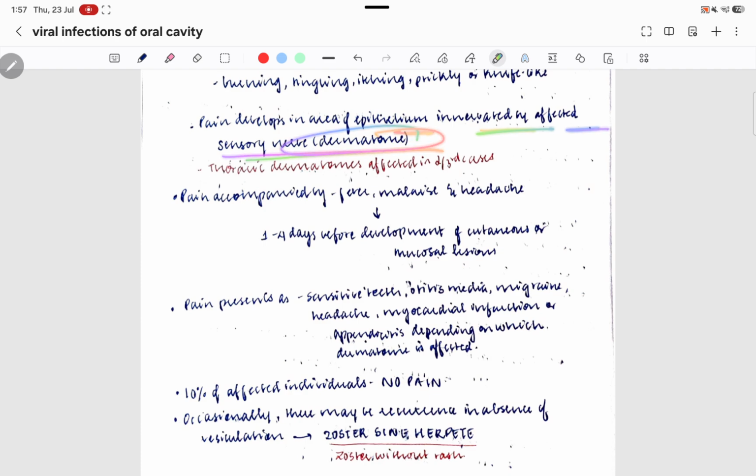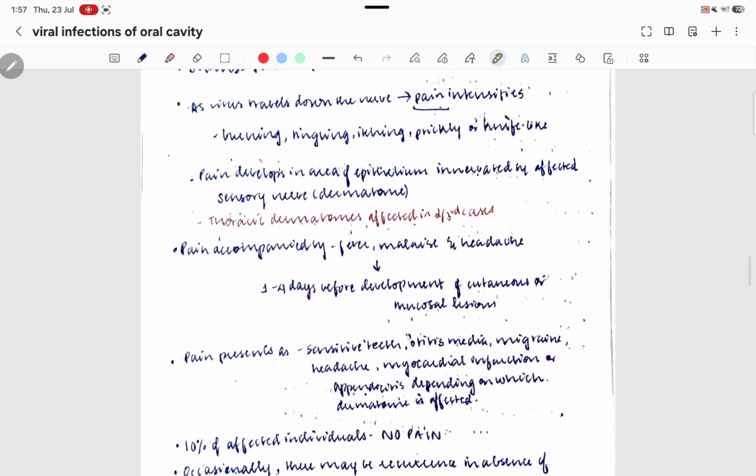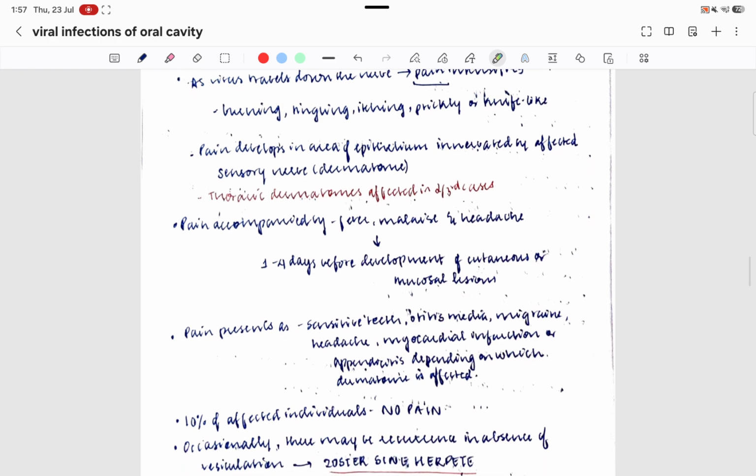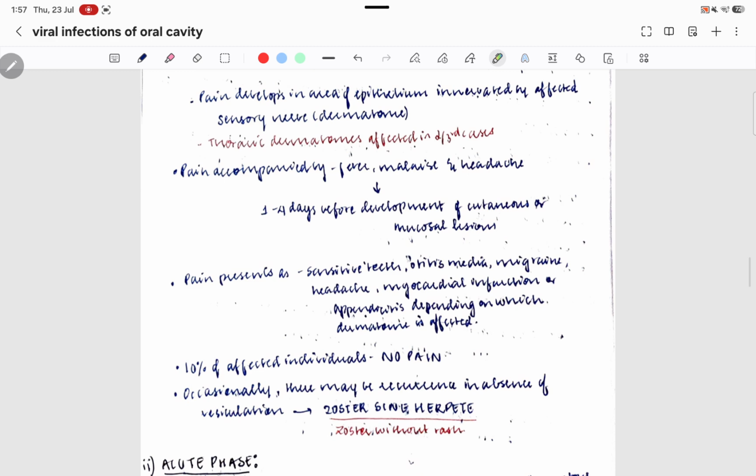What does this mean? There is pain in the area of epithelium innervated by a sensory nerve. So the dermatome, the layer of skin or epithelium which has a sensory supply, is where the pain is transmitted. Thoracic dermatomes are affected in 2/3 of the cases.